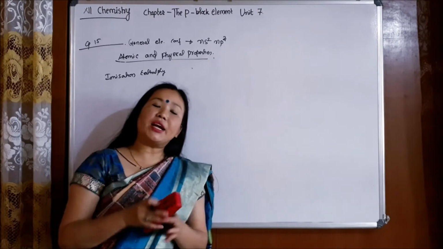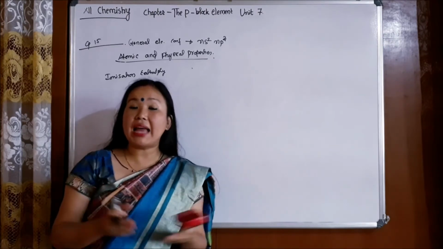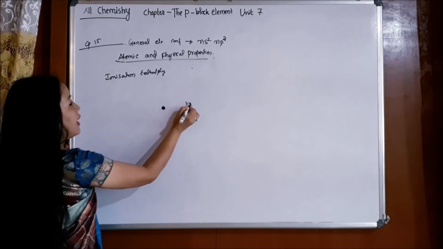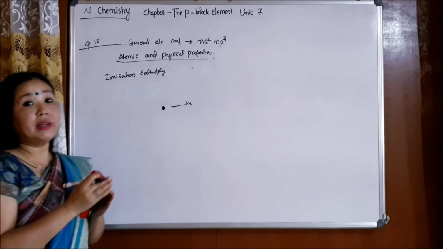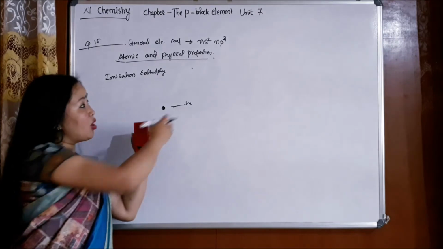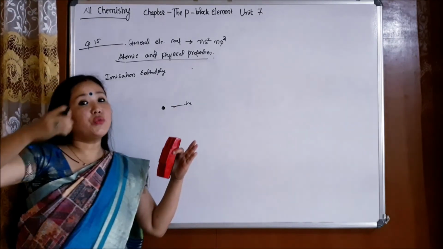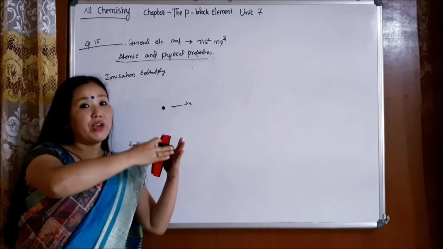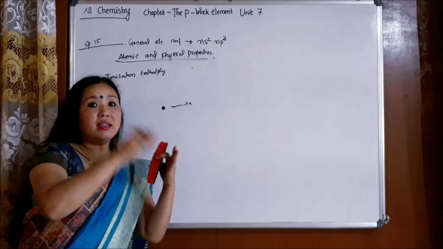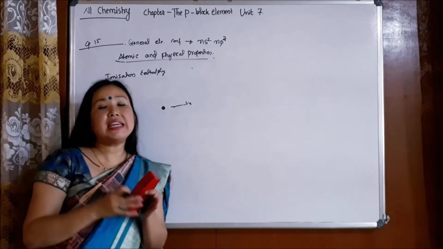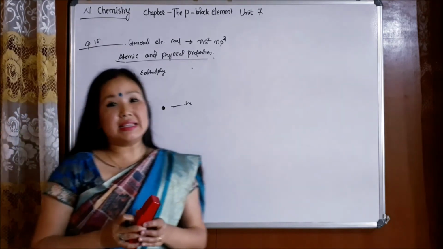With the increase in atomic size, what will happen to the attraction between the nucleus and the valence electron? It decreases, right? Because the valence electron will move farther away from the nucleus.